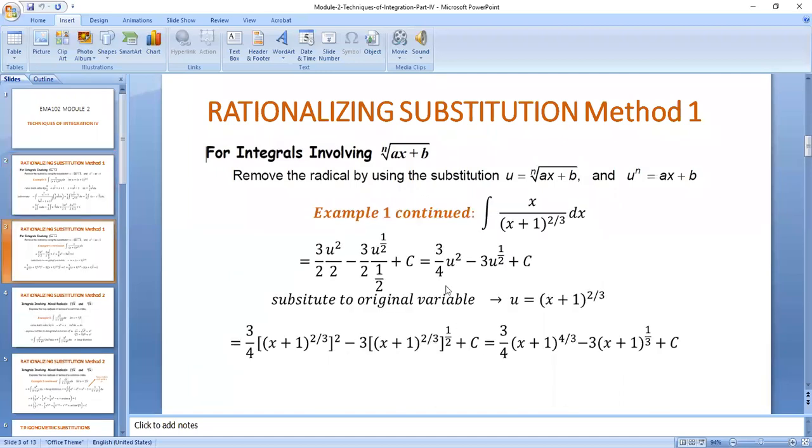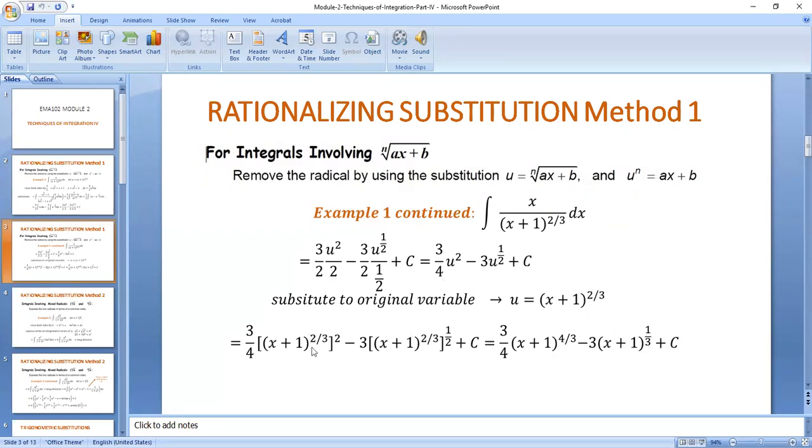So you have this one, and then you have to substitute x plus 1 raised to 2/3 to all the u's. So x plus 1 raised to 2/3, and it's squared. Then you have minus 3 times x plus 1 raised to 2/3 raised to 1/2 plus c. So if you're going to multiply, this would be now 3/4 for the first term.